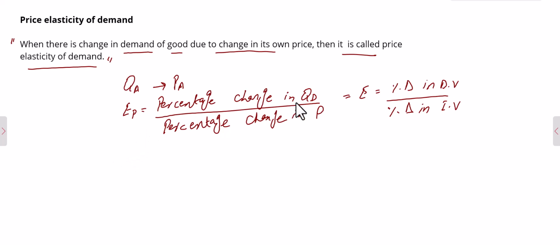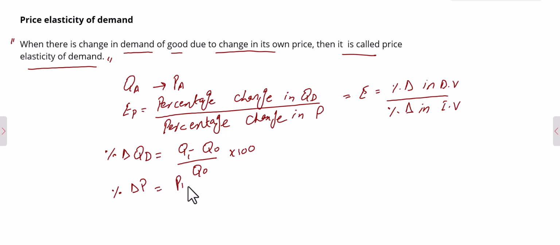Percentage change in quantity demand is equal to Q1 minus Q naught divided by Q naught into 100, and percentage change in price is equal to P1 minus P naught divided by P naught multiplied by 100.